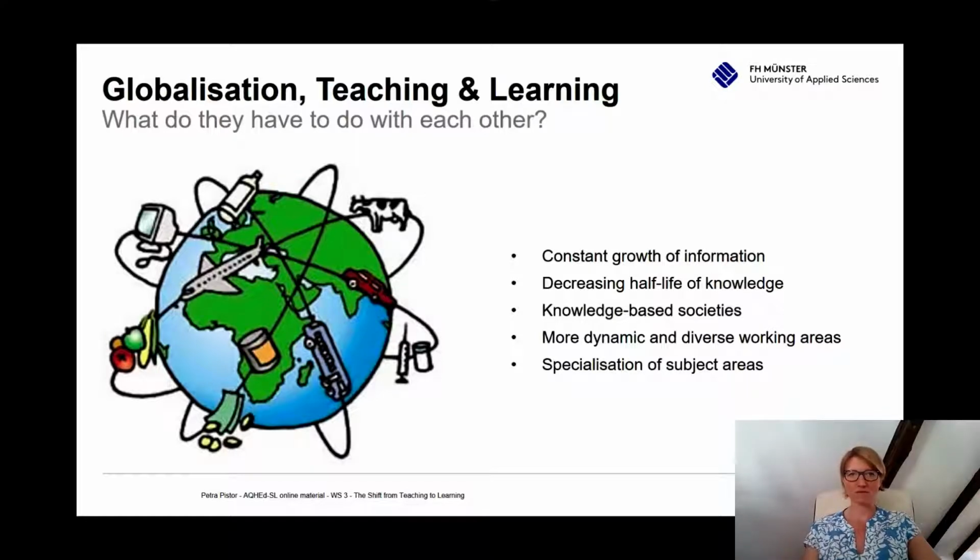What does that mean? It means that we have to supplement the canonical knowledge by metacognitive strategies and procedural knowledge. We have to incorporate lifelong learning as a strategy into our study programs. And we have to give access to more and more diversified students in our higher education institutions.